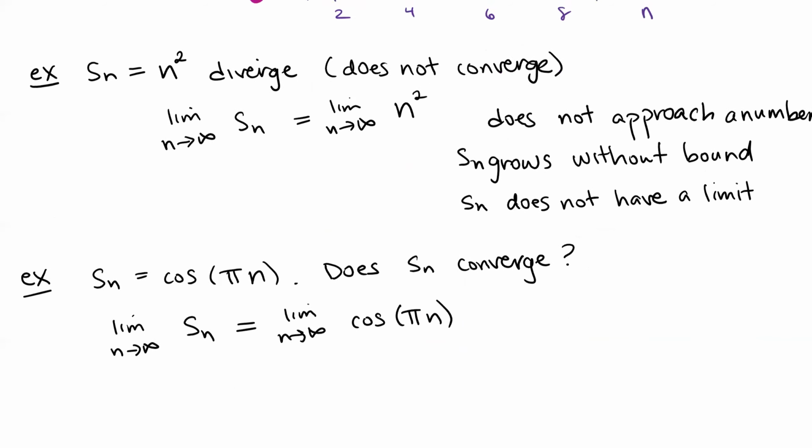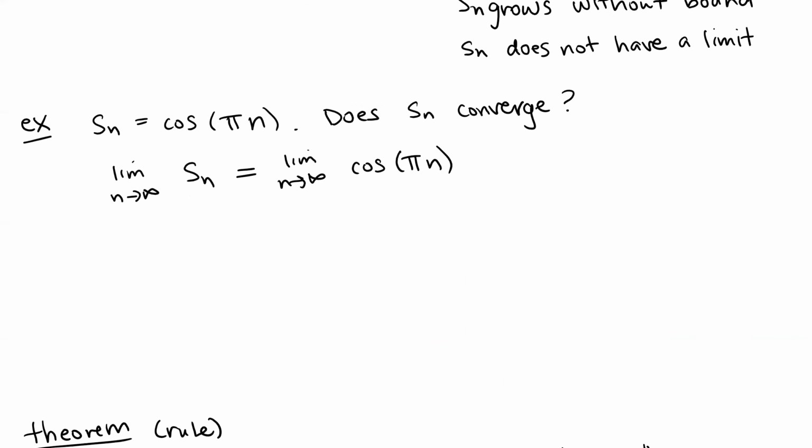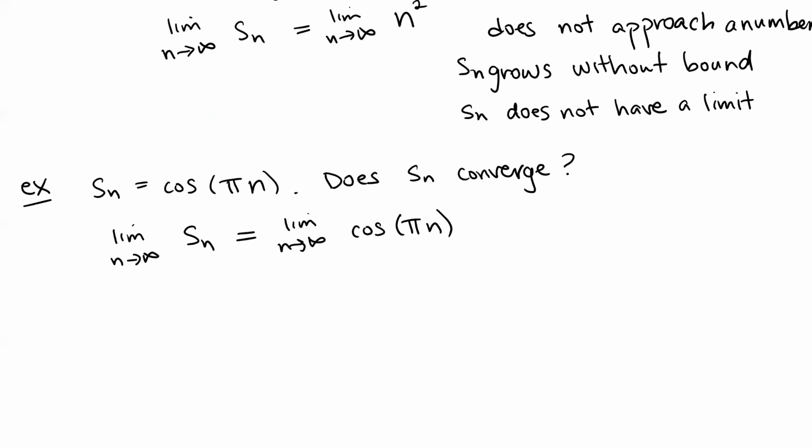All right, let's look at another example here. Our, I think, last example is Sn equals cosine pi n. So we're wondering, does Sn converge? Take a minute, pause this, and try to figure out if this sequence converges.